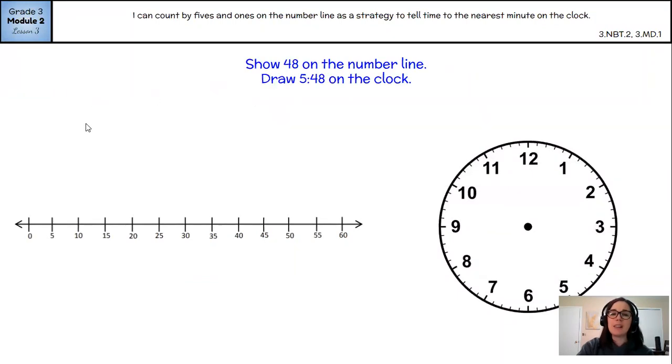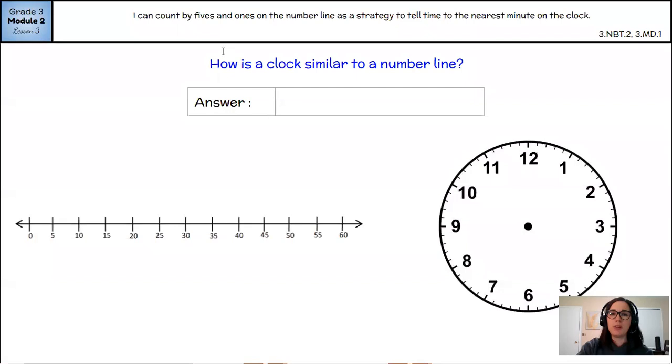So how is a clock similar to a number line? Let's put our text box in. I would say that a clock is similar to a number line because each one shows 60 intervals. Okay. The clock shows 60 minutes. The line shows 60 with segments, but either way, they show all the way from 0 minutes to 60 minutes.